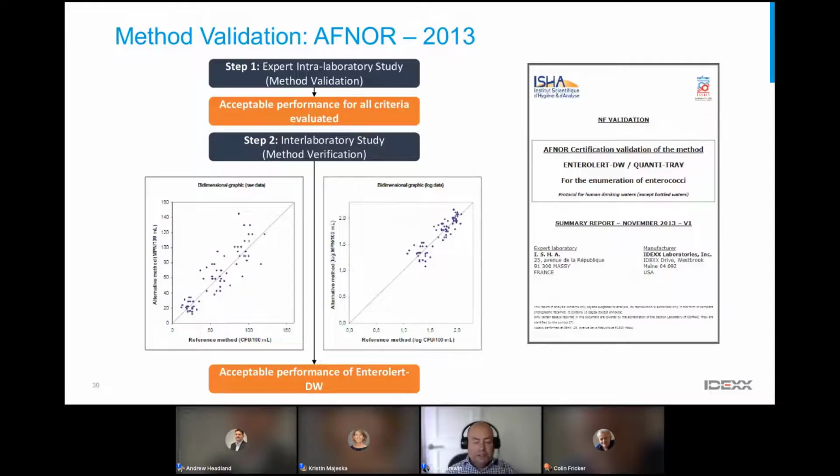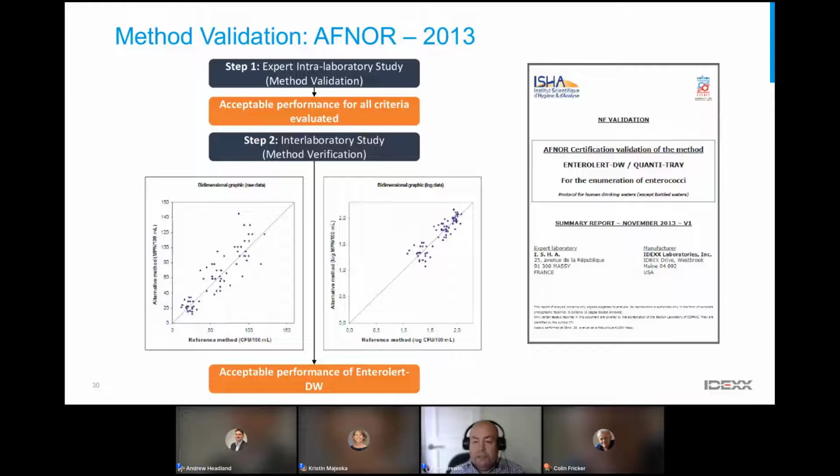And you can see a couple of scatter plots there for the data produced by the 12 participating laboratories. The comparative performance of Enterolert DW was determined to be acceptable and equivalent to the reference method.